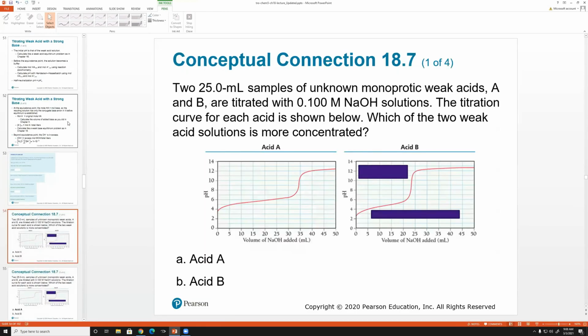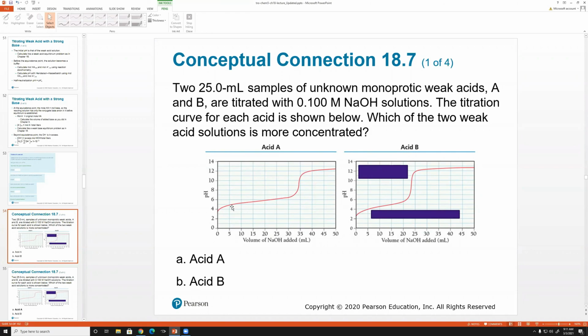There are more examples. So, a conceptual question. Here we have two 25 milliliter samples of unknown monoprotic weak acid, A and B, titrated with 0.1 molar NaOH. The titration curve for each of the acids is shown below. Which of the two weak acids is more concentrated? Whichever acid is more concentrated will be the one that requires the most base to neutralize it.